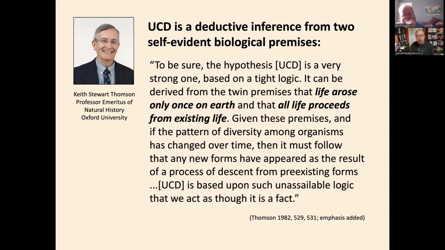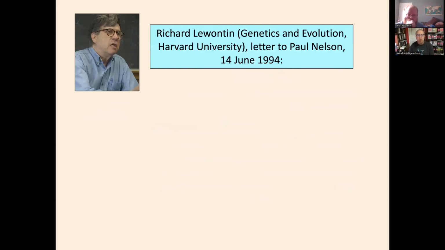He says, given these premises, and if the pattern of diversity among organisms has changed over time, then it must follow, deductively, that any new forms have appeared as the result of a process of descent from pre-existing forms. Universal common descent is based upon such unassailable logic that we act as though it is a fact. Okay.